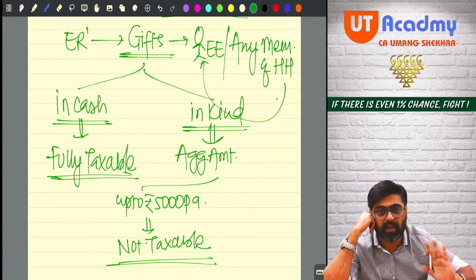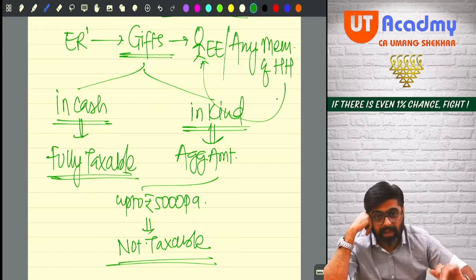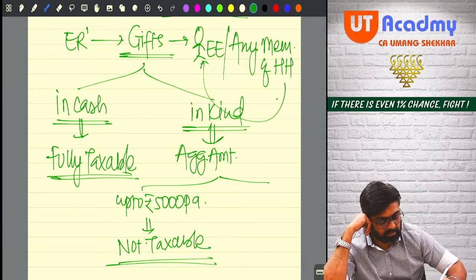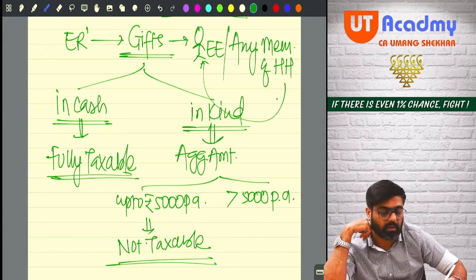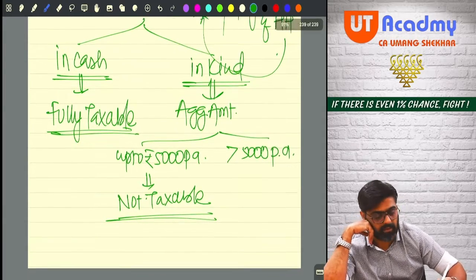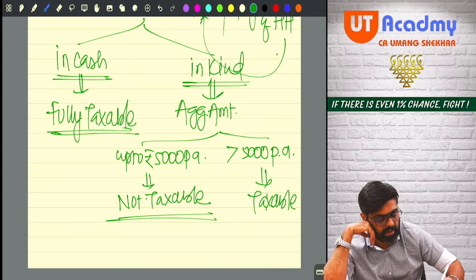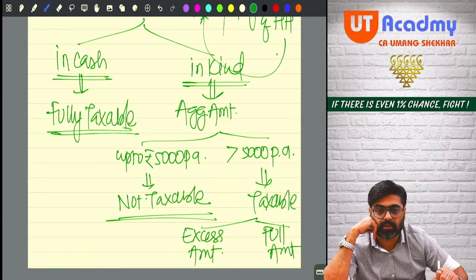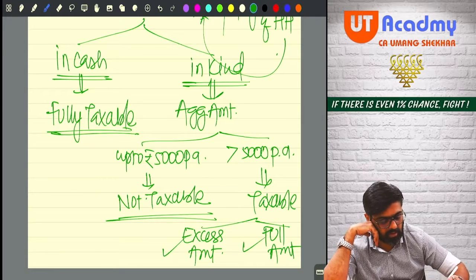If the aggregate amount of gifts given in kind during the previous year is more than 5000 per annum, yes or no, then it is taxable. How much? The excess amount can be taxed and the full amount of that gift can also be taxed. Both are correct.